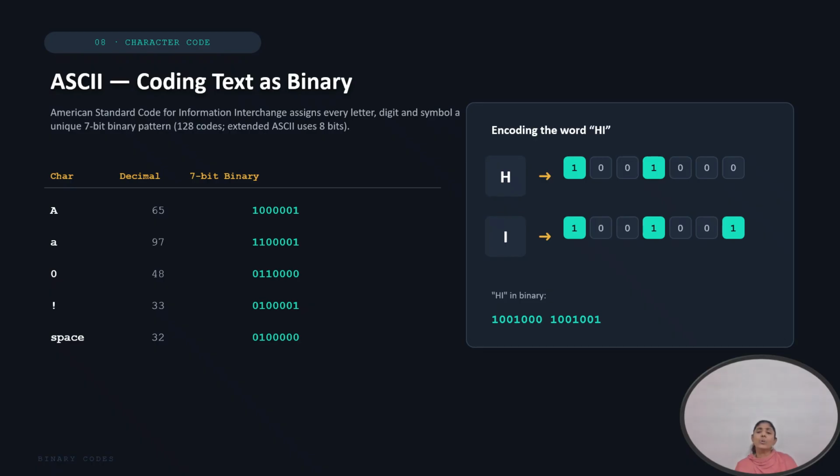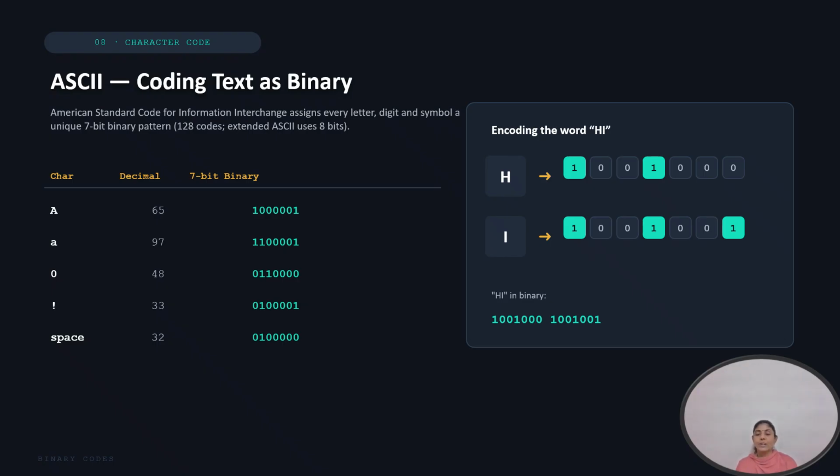Based on this, how to encode the word hi? It has two characters. One is H, an alphabet, and the other is I, one more alphabet.